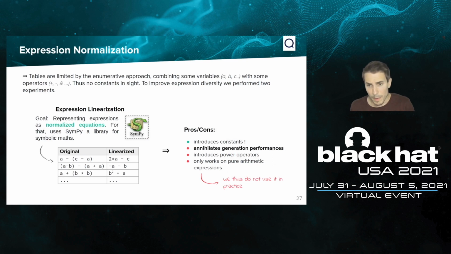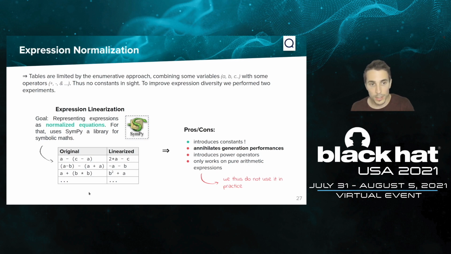Then we made some experiments to try improving the representativity of the tables that we were generating, and as mixing variables with operators is really done in a combinatorial way, sometimes the expressions generated are not optimal. So here you can see the kind of expressions that we do generate.